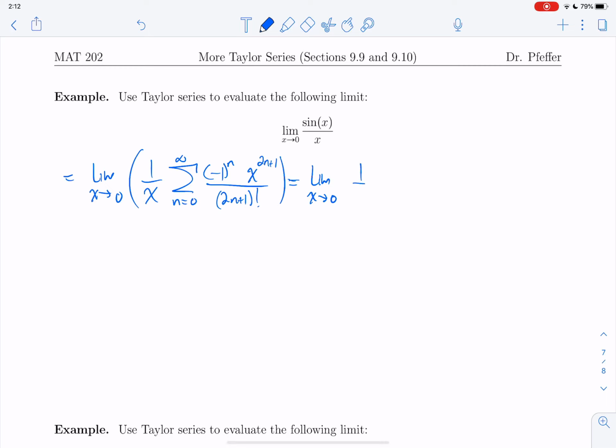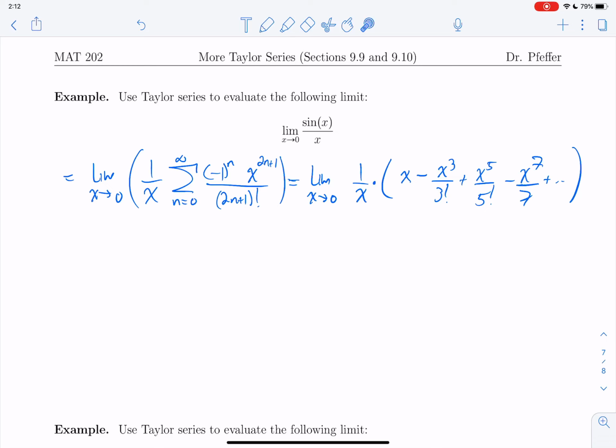I'm going to get 1 over x times x minus x cubed over 3 factorial plus x to the 5th over 5 factorial minus x, etc., right?